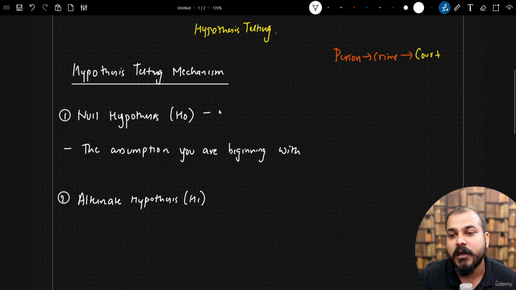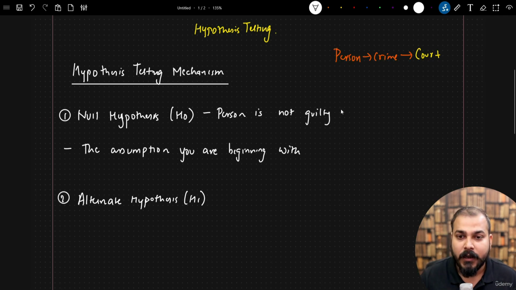So by default the person is not guilty until proved. That is how it happens in court. So what is the default assumption, the assumption you take in the beginning? That is what we write over here.